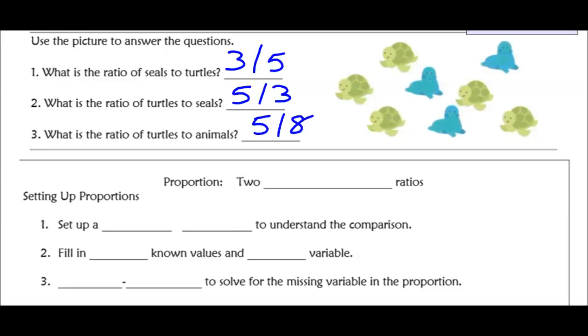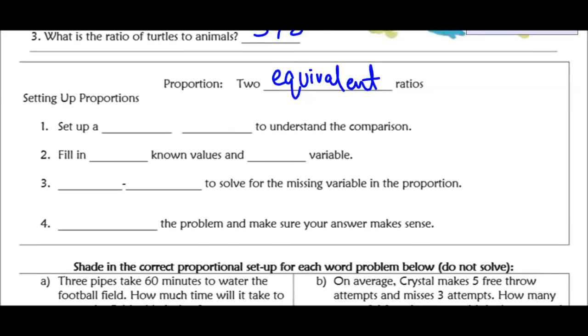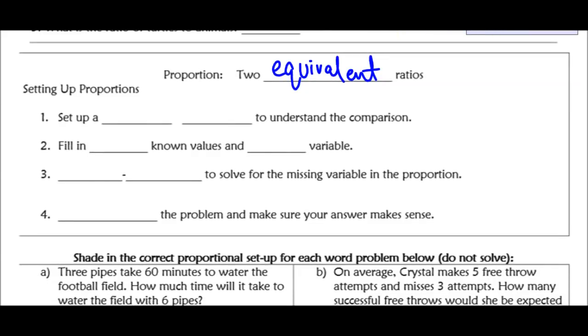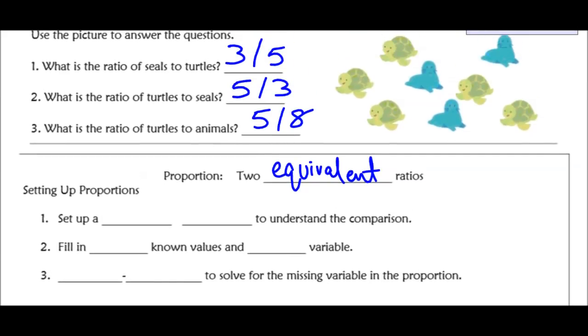A proportion is really just using 2 equivalent or equal ratios. So we're using 2 equal ratios. And let's say I wanted to compare, let's use this from before.